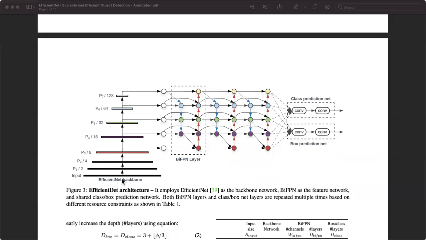When we have an input and it goes deeper into the network, the feature resolution becomes smaller and smaller by a factor of 2. If you go to P7, this is a very high level, a coarse level feature, when the resolution is pretty small.